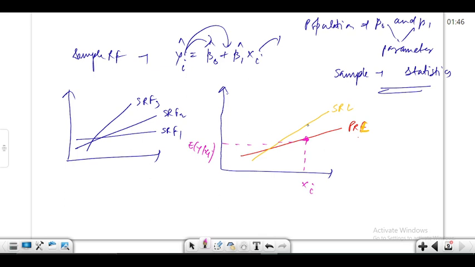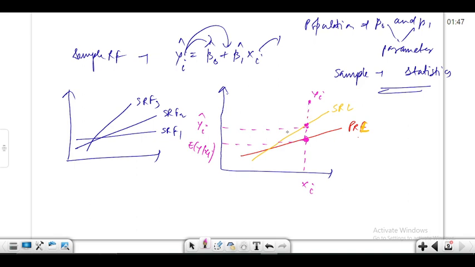Then I have your yi hat value, because it's lying on the sample regression line. And corresponding to xi there will be a yi value also, some yi value whose average would come out to be lying on the population regression line.